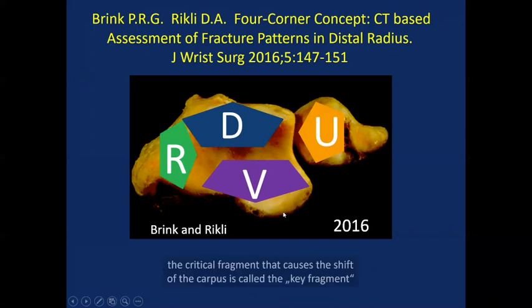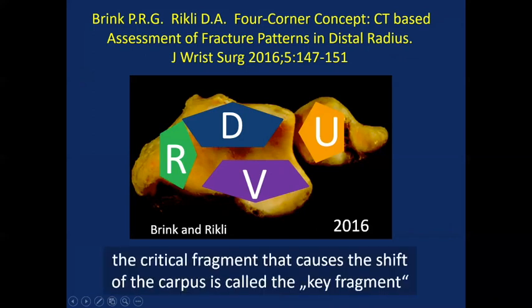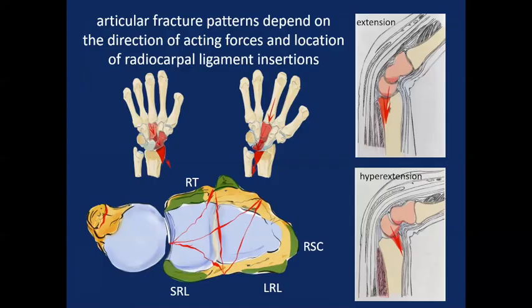And again, the critical fragment that displaces or causes the shift of the carpus is now called a key fragment. So summarizing, the articular patterns that you see depend on the direction of the acting forces and also the location of the radiocarpal ligament insertions on the distal radius.